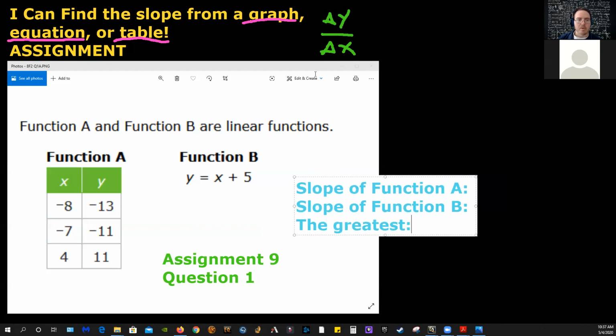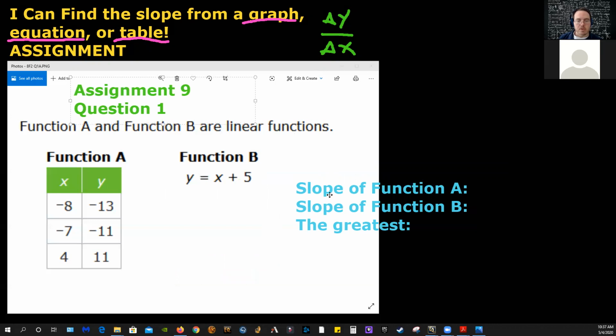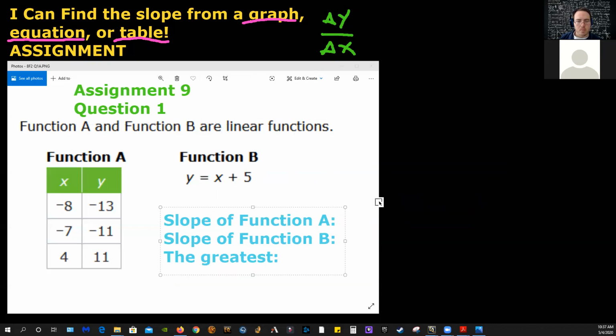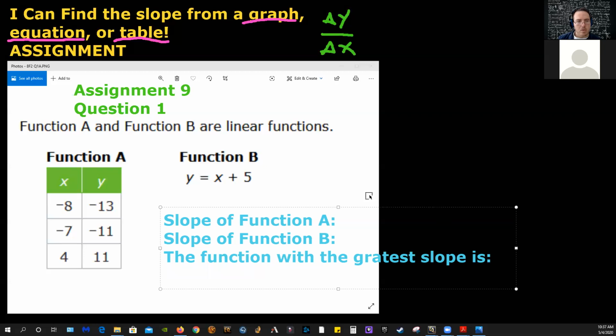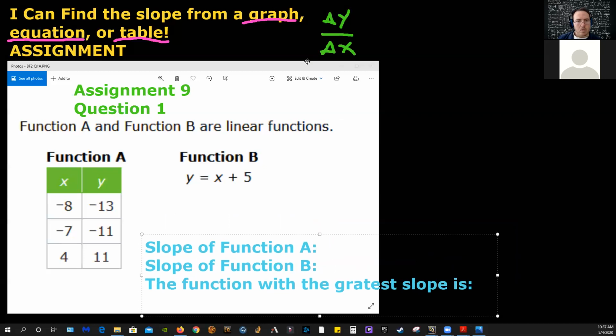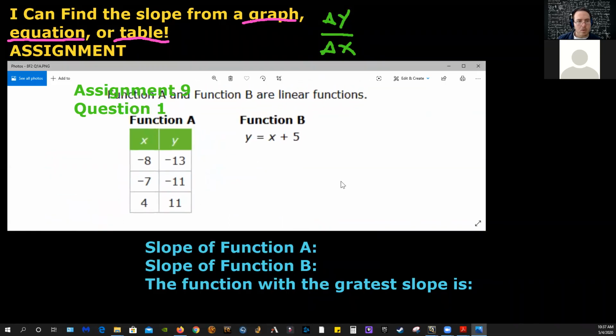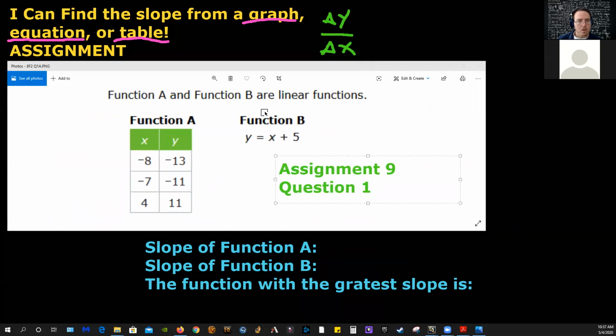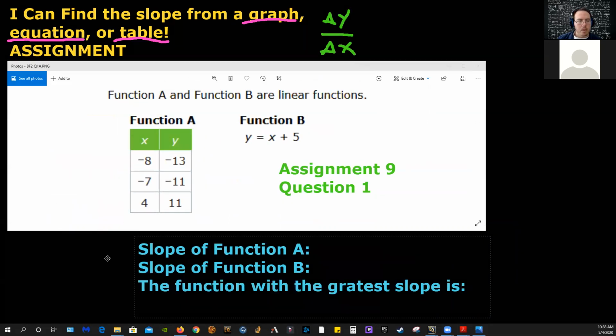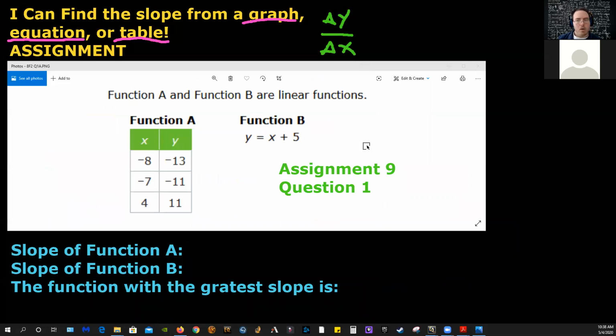Let me play with my screen real quick and get it on there. So this is assignment 9, question 1, and it literally says the function with the greatest slope is. Okay, that looks better. One second.